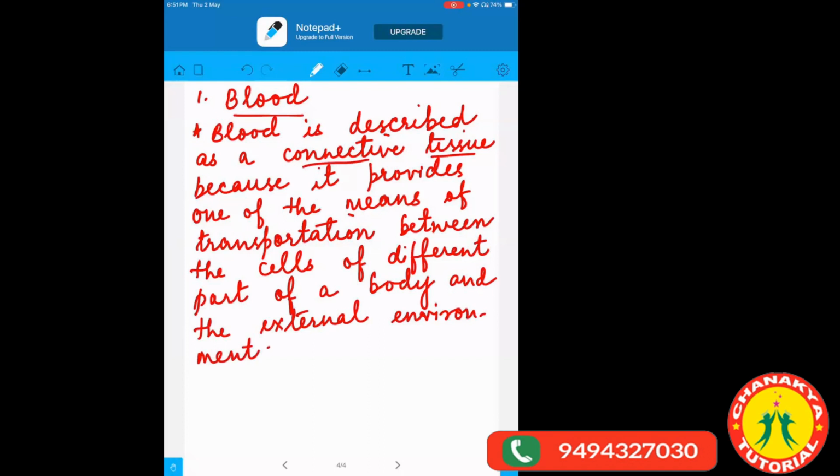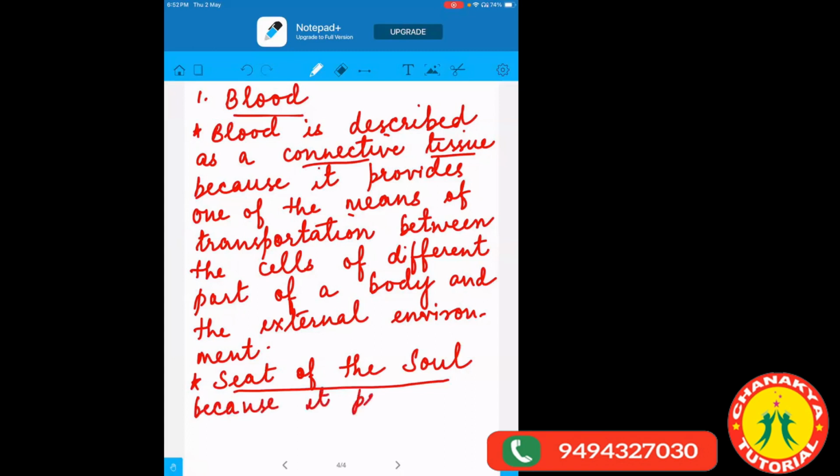Then blood is also called the seat of the soul because it performs several vital functions.